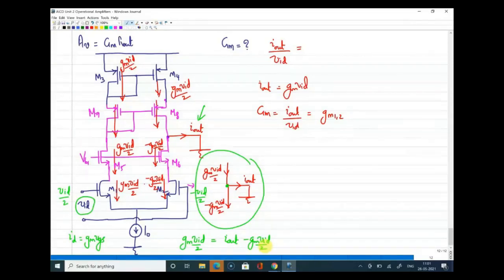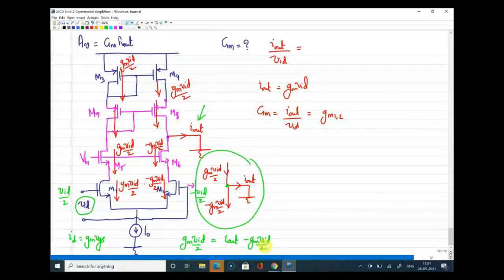So M1 and M2 we are considering as identical, because if you look at all the other structures, all are providing a resistance of R0, except the current mirror load. Yeah, if you have further questions, please post.